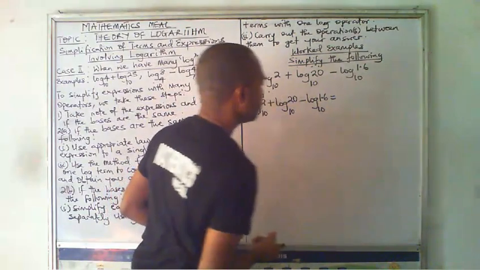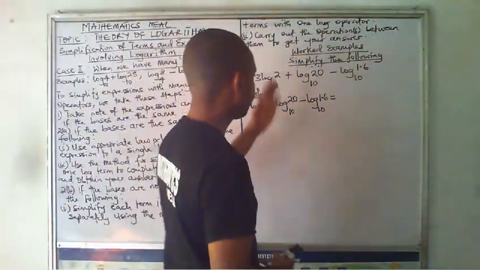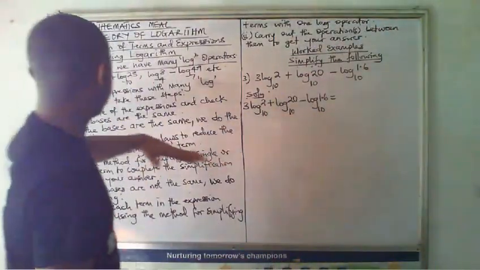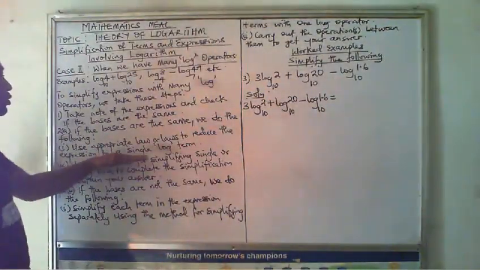Okay, I think this is enough for us to write the next expression. So we have it. Now they said when the bases are the same, we do the following: use appropriate law or laws to reduce the expression to a single log term.